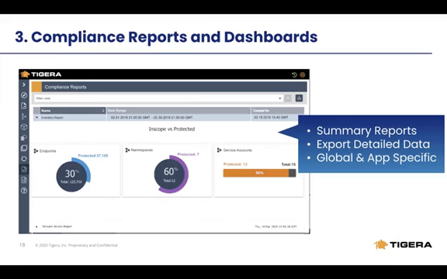This could be global, and this could also be app specific. So you can generate those compliance reports on an ongoing basis and have a track record of your cluster environment meeting the requirements that you set forth.